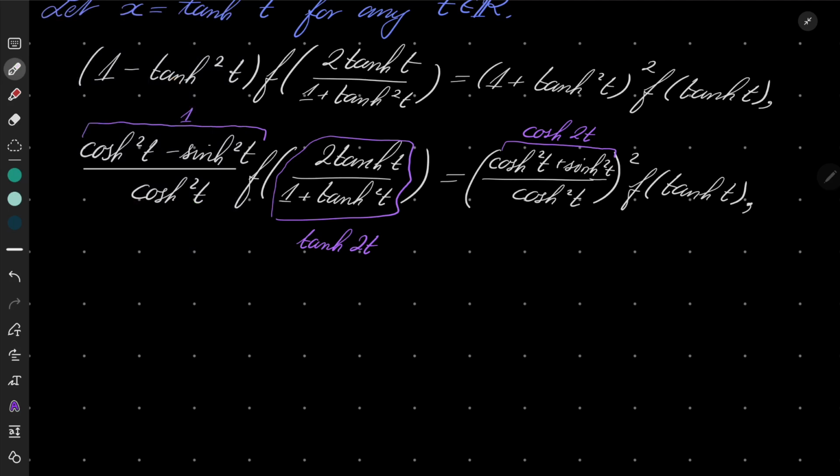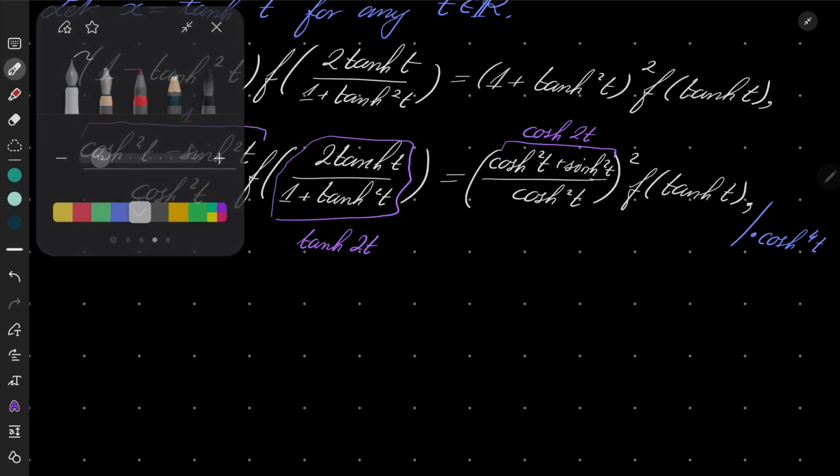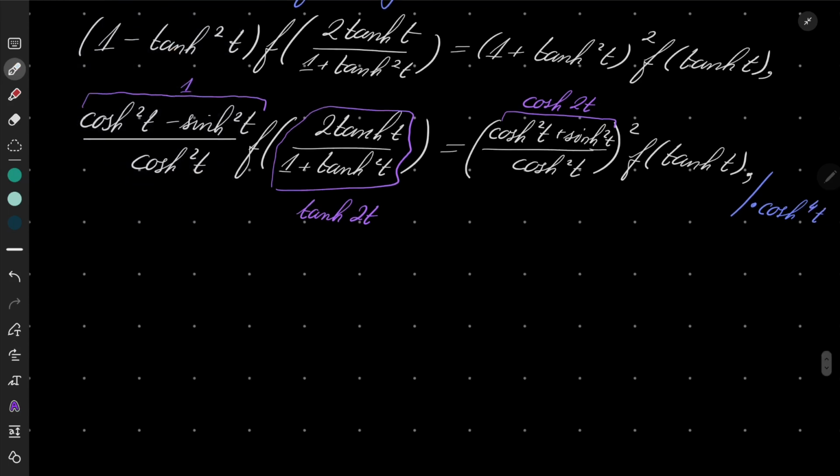Moreover, one more thing can be done. I can multiply both sides by hyperbolic cosine to the 4th power of t to get rid of my denominators. And now I get the following.